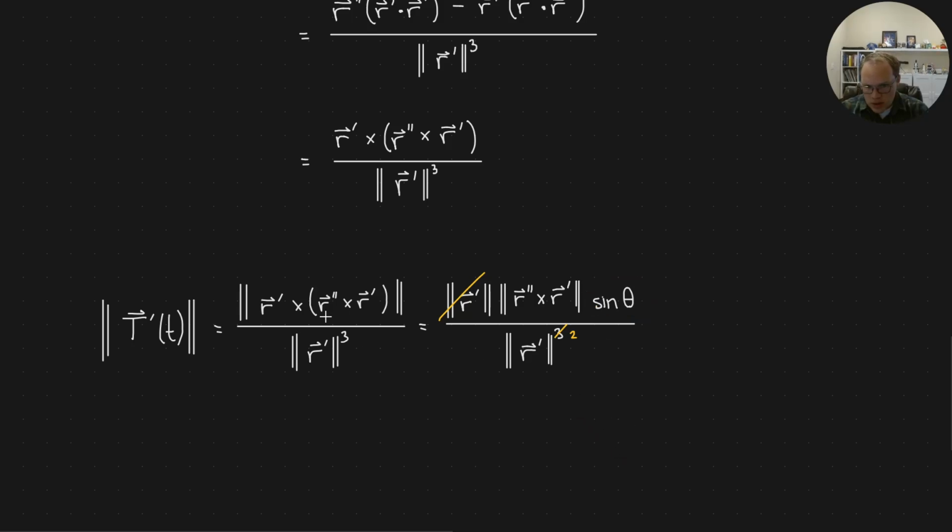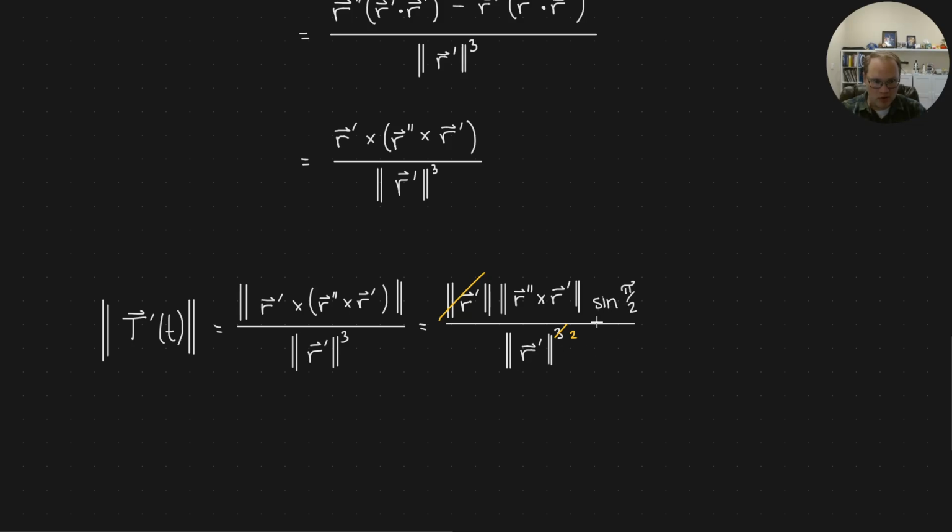Well, notice that this vector here is the cross product of r double prime and r prime, which means it will be orthogonal to both of these vectors, right? It will meet both those vectors at a 90-degree angle. So this resultant vector is meeting r prime at a 90-degree angle. Theta has to be 90 degrees. It has to be pi over 2. Okay?